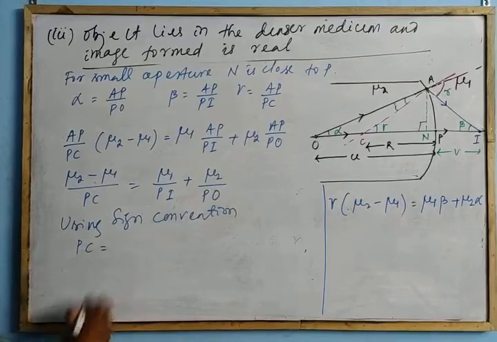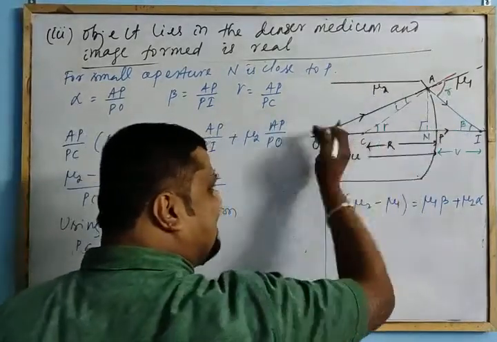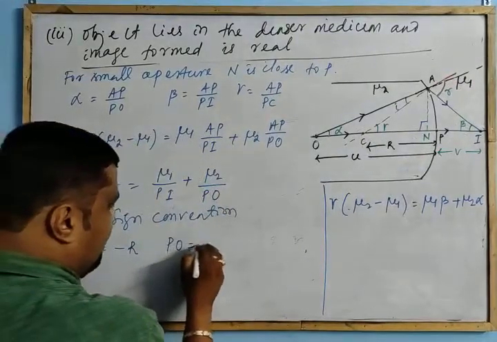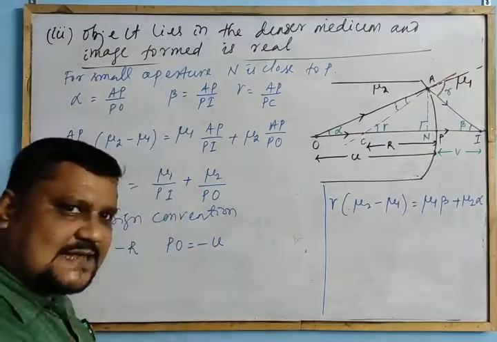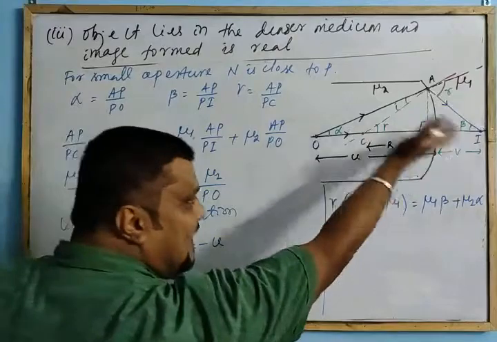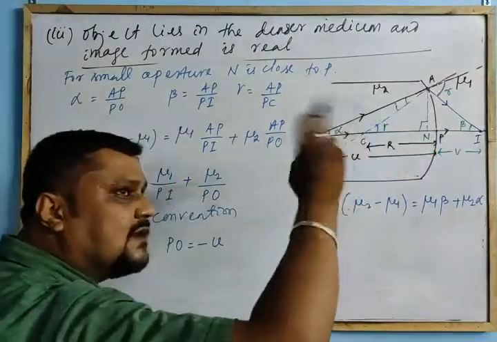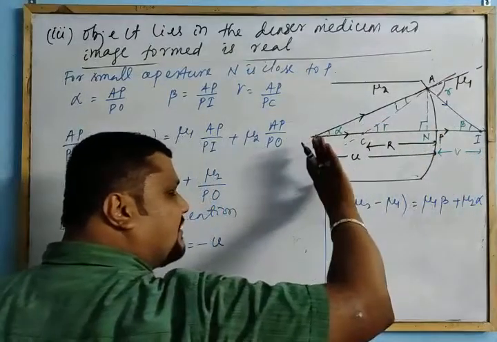Light is incident on this side. We are measuring opposite, so PC is minus R. PO is minus u, the object distance is minus u. I am always taking the object distance as minus u. That's why you are doing the case like this. The convex surface, I have changed the convex surface from the first two cases.